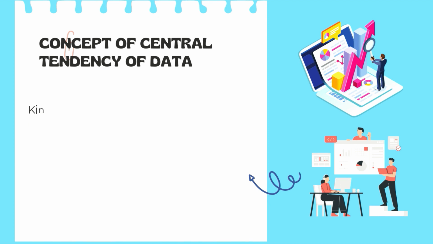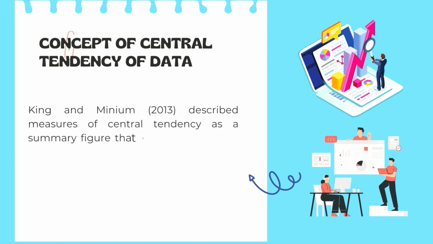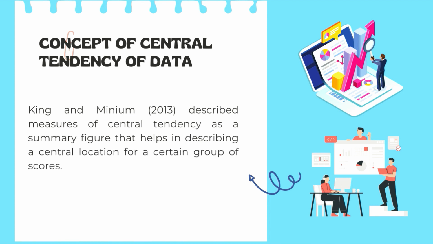King and Minium describe the measure of central tendency as a summary figure that helps in describing the central location of a certain group of scores.